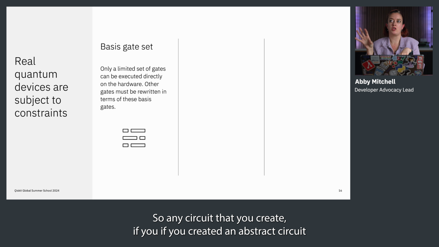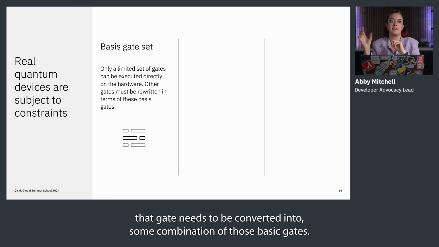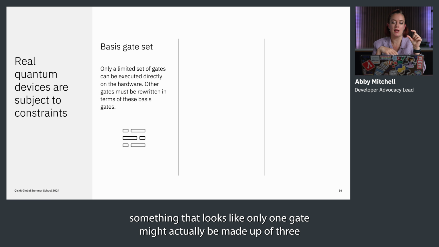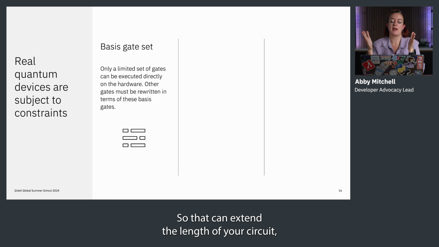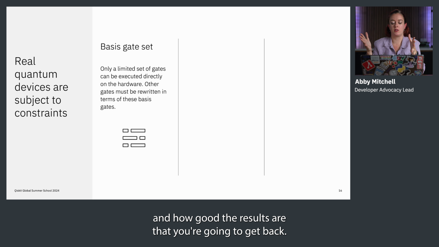So if you created an abstract circuit which uses a different gate that isn't part of that basis gate set, that gate needs to be converted into some combination of those basis gates. And this can turn something in your abstract circuit that looks like only one gate into something that might actually be made up of 3 basis gates. So that can extend the length of your circuit, which can have implications for how long it takes to run and how good the results are that you're going to get back.